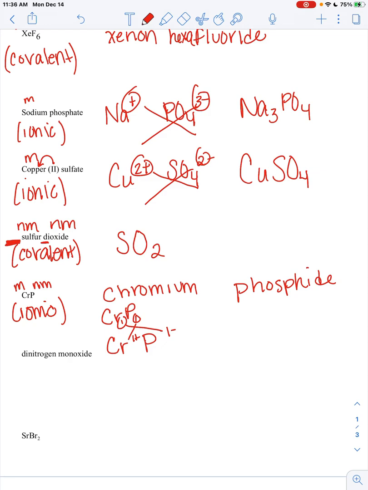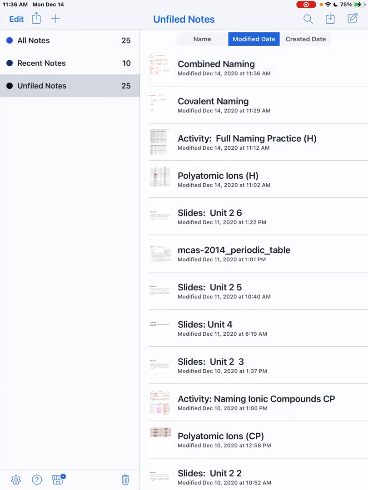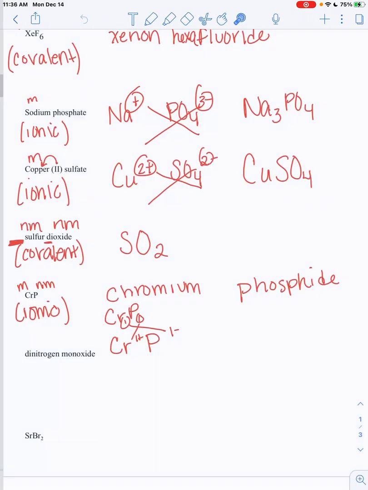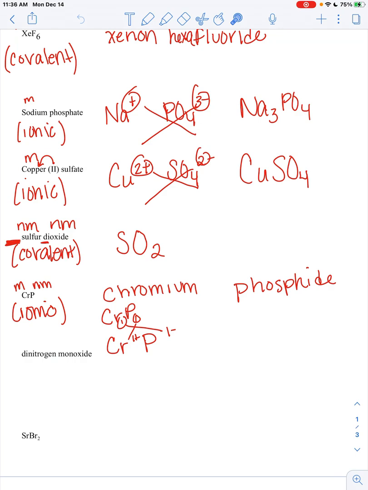The last step here is to make sure that your negative ion has the right charge. So we look up phosphorus on the periodic table. Phosphorus is right here, and it has a 3 minus charge. On our paper, it has a 1 minus charge.